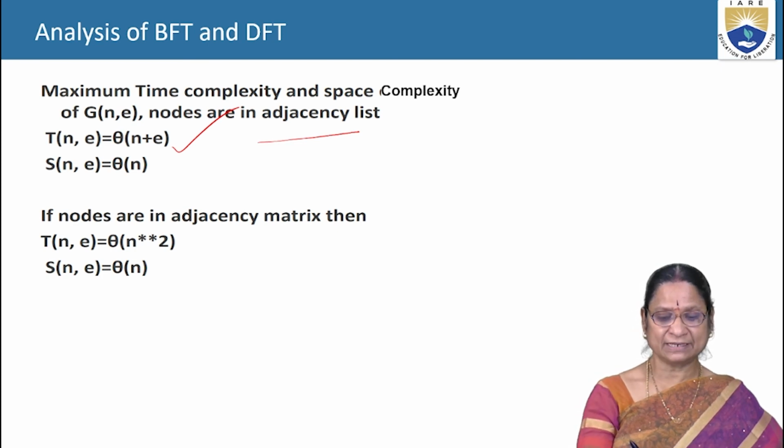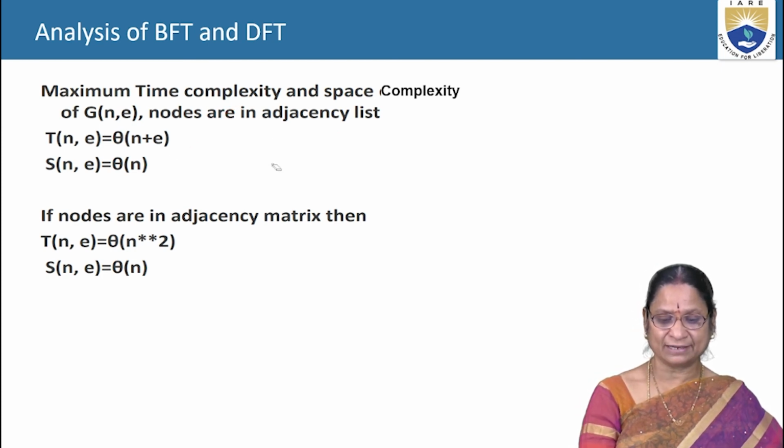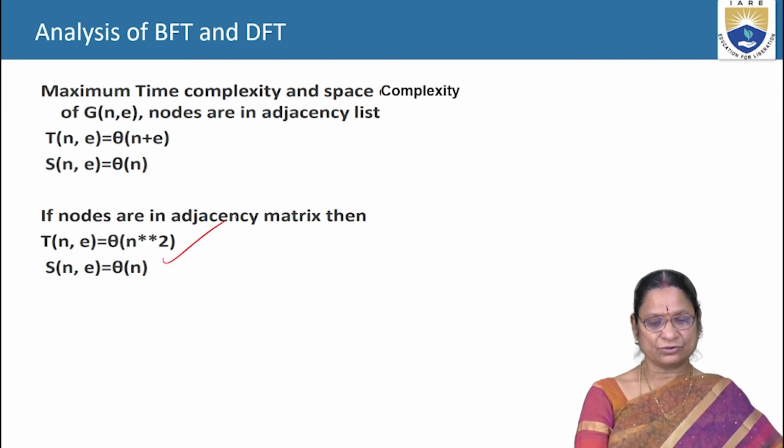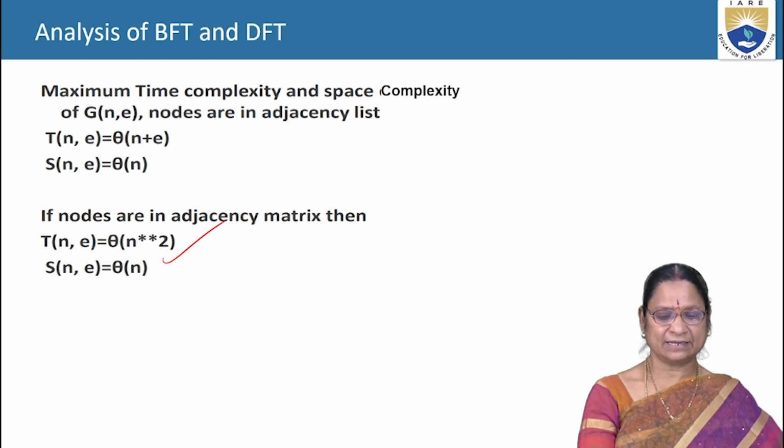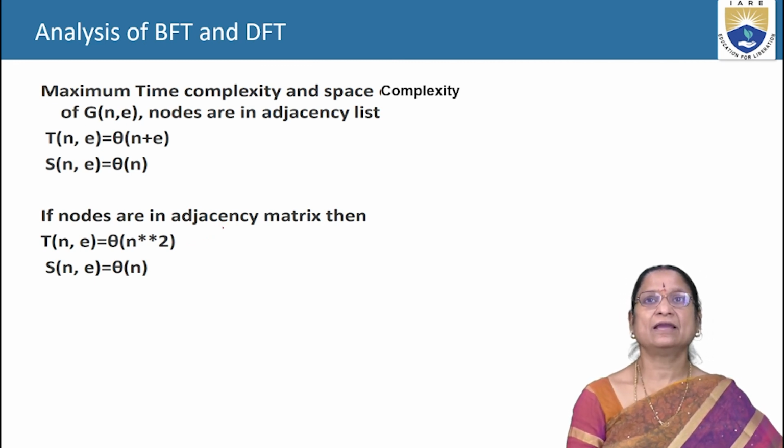If you are using an adjacency list, then the time complexity is number of nodes plus number of edges. But if you are representing it by using an adjacency matrix, then what happens? We have to traverse the matrix, no? So the time complexity is order of n square, because the matrix is an n by n matrix.